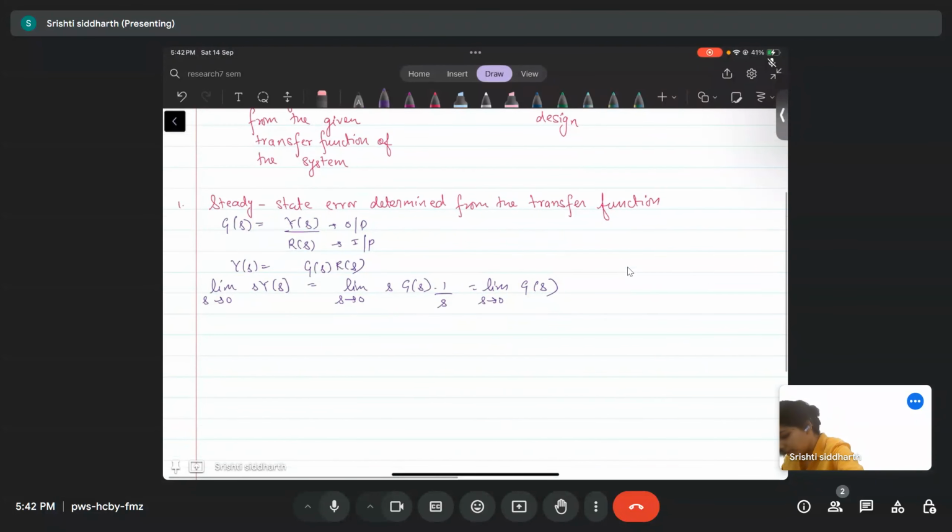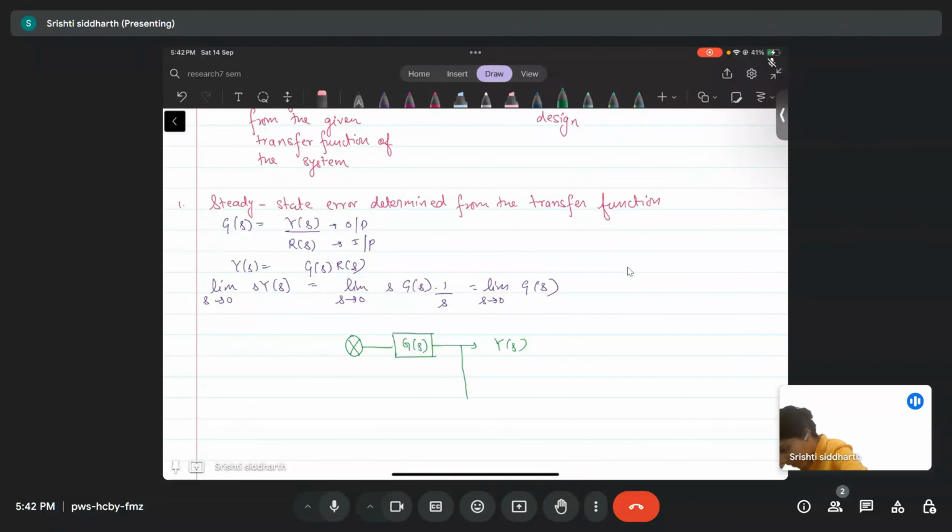If we have some error dynamics, let's first look at the block diagram. This is the block G(s). This is the output Y(s).